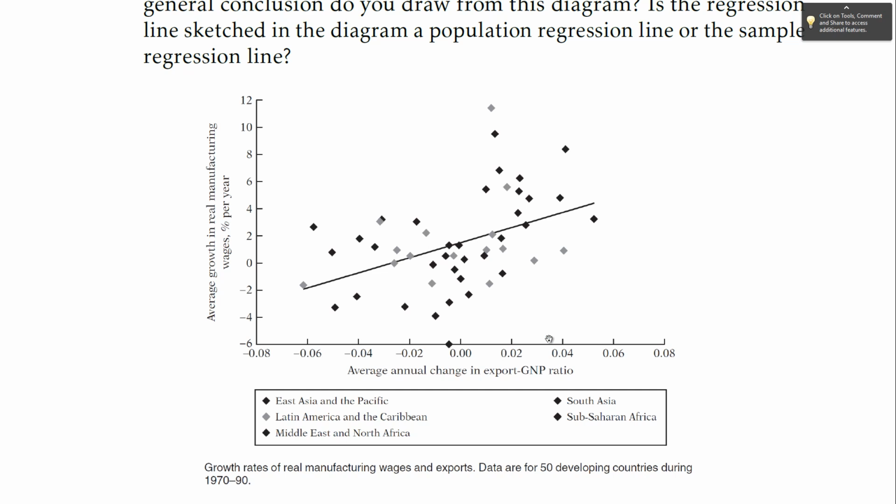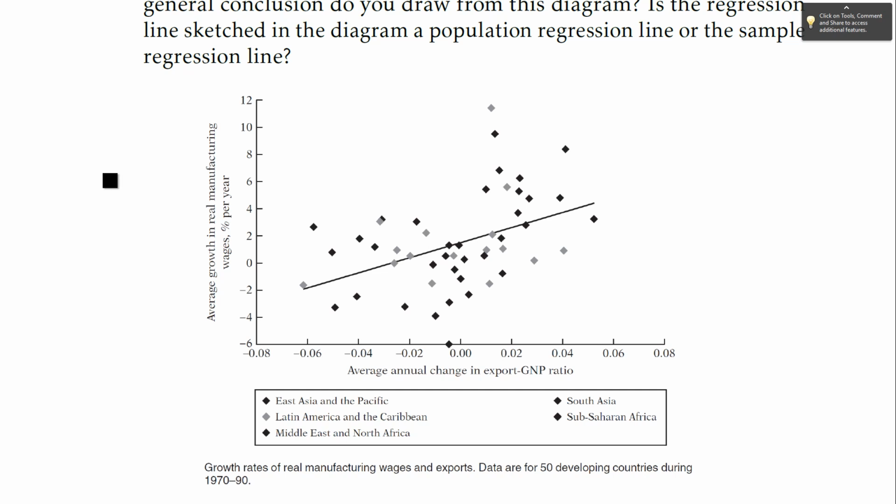So this is exports. And the higher the exports, the more export-oriented country is, right? So it just shows that more export-oriented countries on average have more growth in real wages than less export-oriented countries. Why is that? Because we can see that if we move along this axis, those points tend to be higher. That means the average growth in real manufacturing is higher.